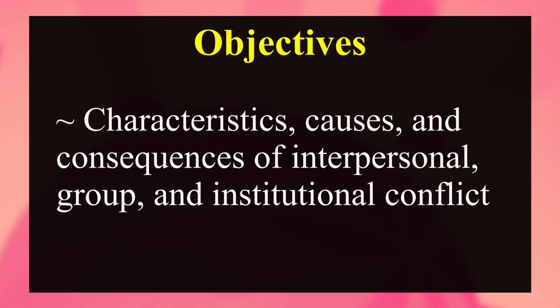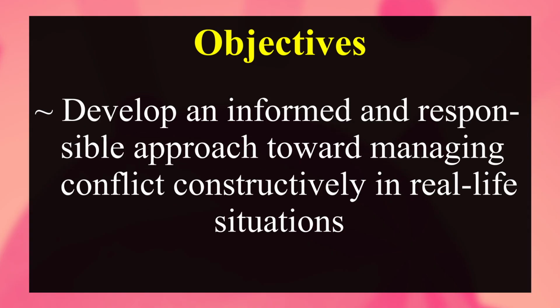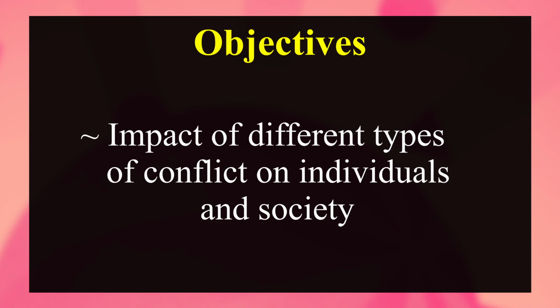Number three, explain the characteristics, causes, and consequences of interpersonal, group, and institutional conflict. Number four, develop an informed and responsible approach toward managing conflict constructively in real life situations. And number five, the impact of different types of conflict on individuals and society.